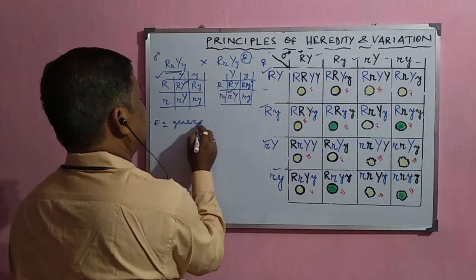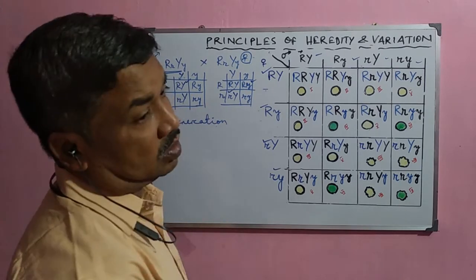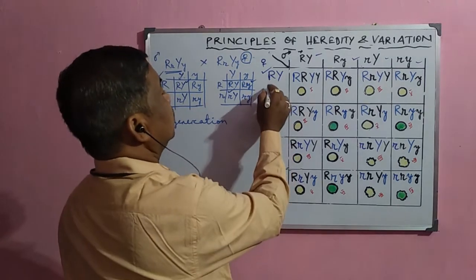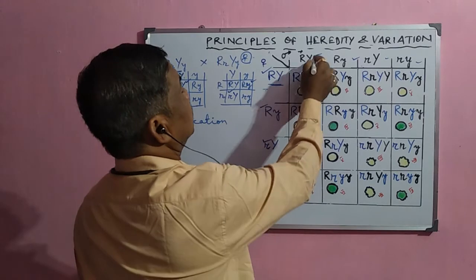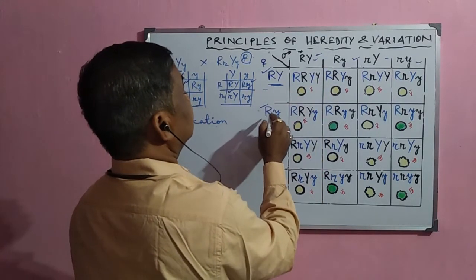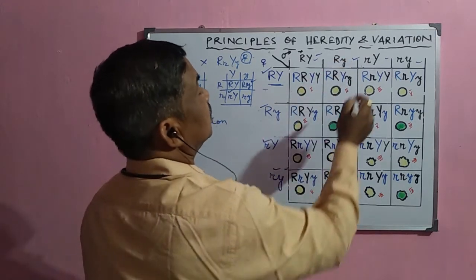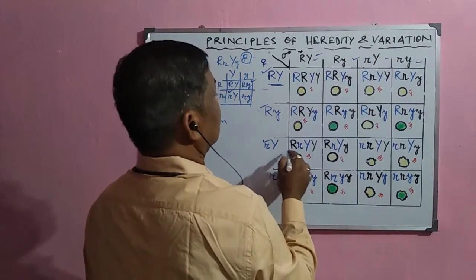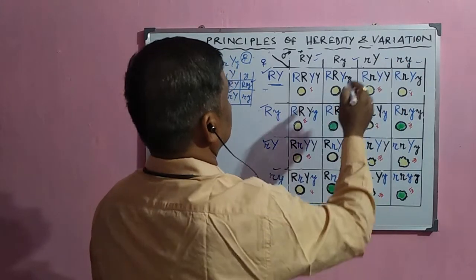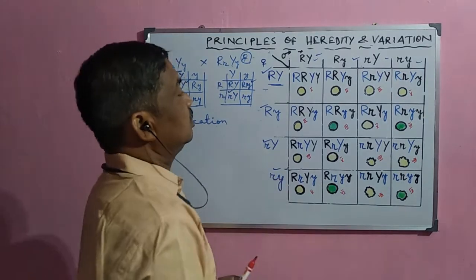In the F2 generation, what are the different characters actually found here? Now this is RRYY, capital R capital R capital Y capital Y. Then capital R small y, capital R small y, then small r small y, small r small y, small r capital Y, and here also the same.